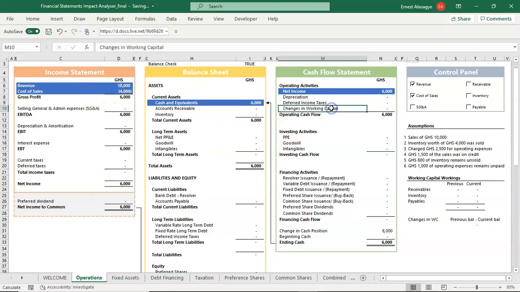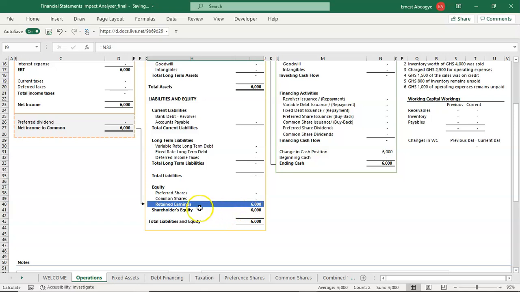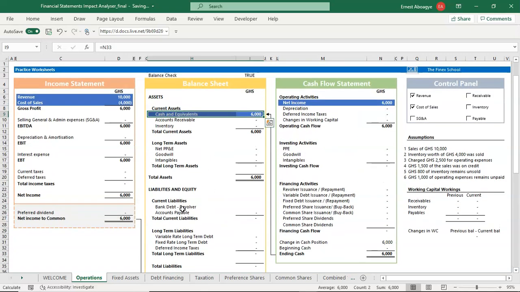And at this point, we are not assuming any credit purchases or credit sales, so the working capital is also flat. What it means is that our net profit will be equal to our cash, which will then feed our balance sheet, with our surplus being 6,000 and our cash also being 6,000.